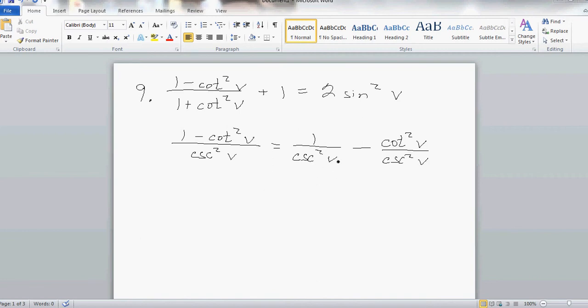One over cosecant squared of v is equal to sine squared of v minus, okay, now here we need to do some splitting of this.